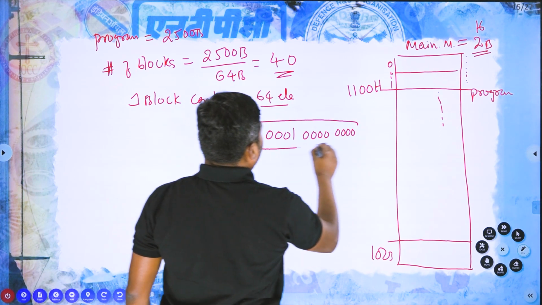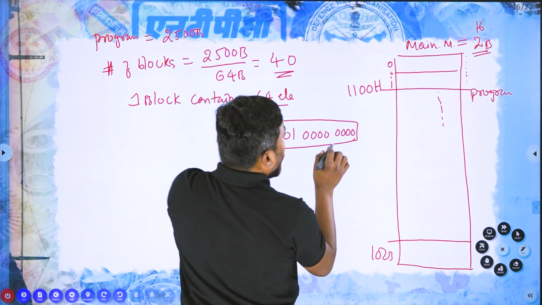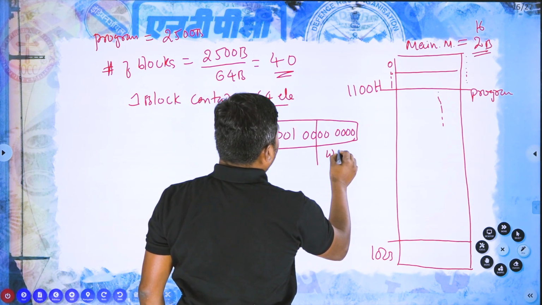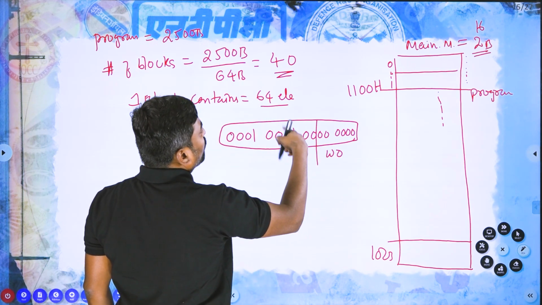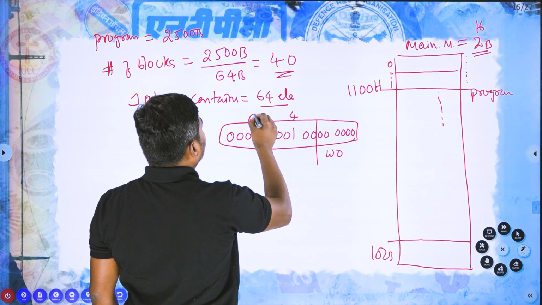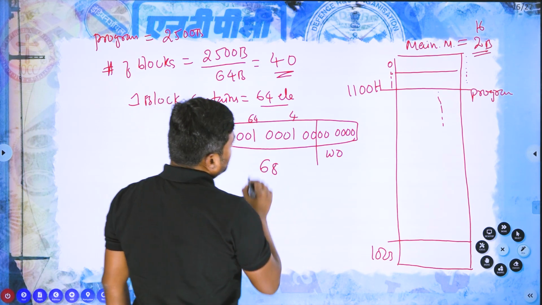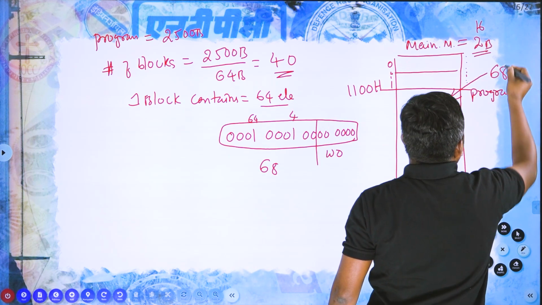This is your physical address. Now, the block size is 64, so 6 bits are required for the block offset only. This is your word offset only. The remaining bits are the block number: positions 2 power 0, 2 power 1, 2 power 2, the 4th position, and the 64th position. So you understand, this is block number 68. Please do understand, my program has started storing from block number 68 onwards.